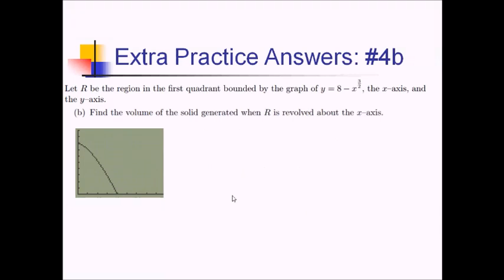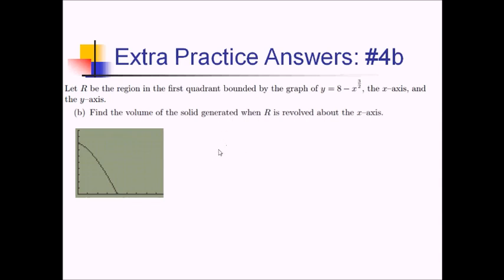For this part of the problem, I want the volume of the solid when R here is revolved around the x-axis. So I have the same limits of integration as the area, from 0 to 4. But now for the thing that I'm integrating, I'm going to have to get the cross-section area. Since the bounded region has no gaps between it and the axis of revolution, it's flush against the x-axis here, that means I can use discs or pancakes for my area cross-section.